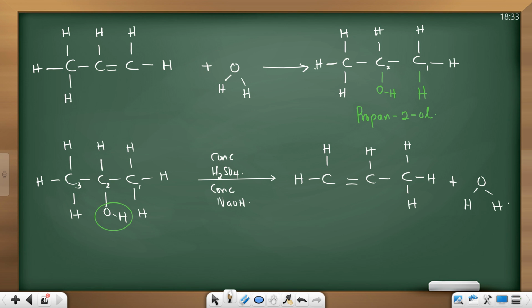But for this particular case, I'll prefer you to use concentrated sulfuric acid. Why? It is a dehydrating agent. It has a dehydrating ability, so it helps to remove water. Are we okay, everybody?